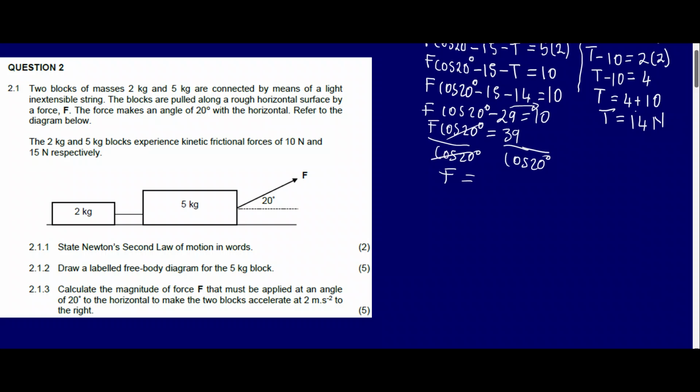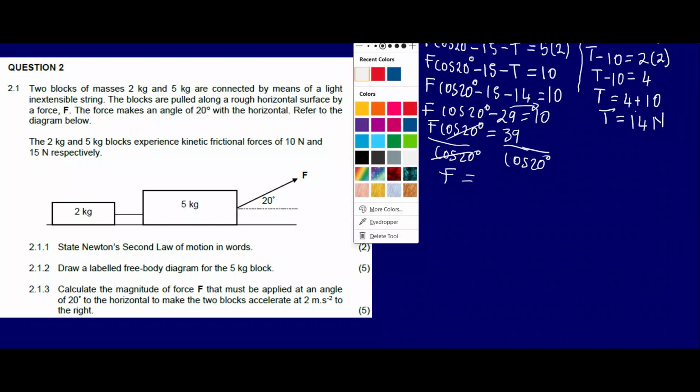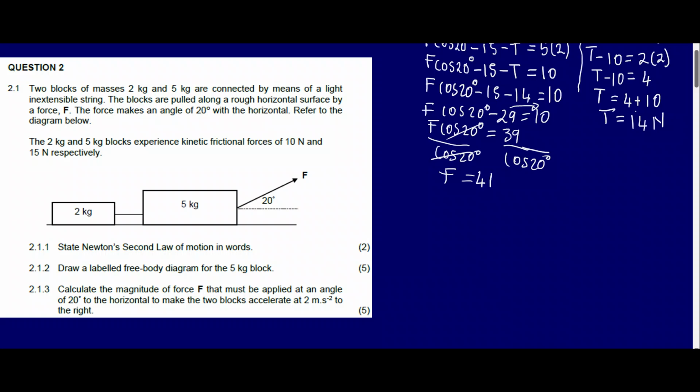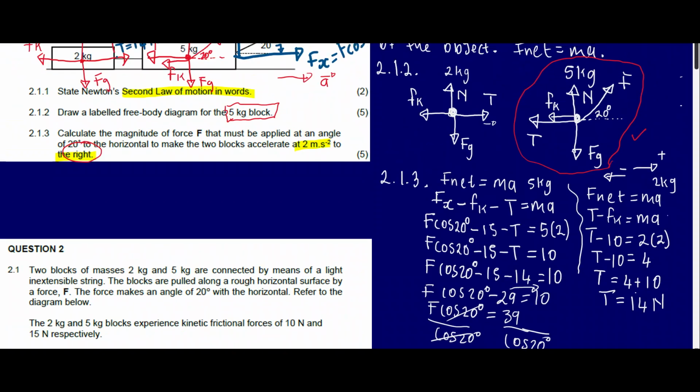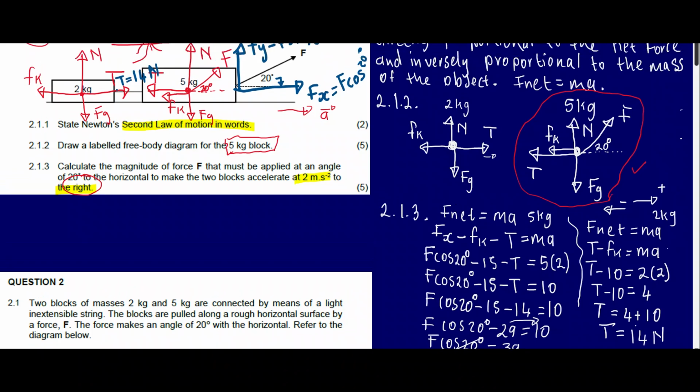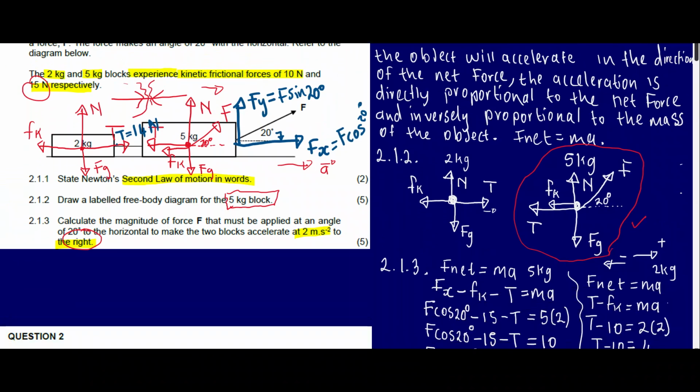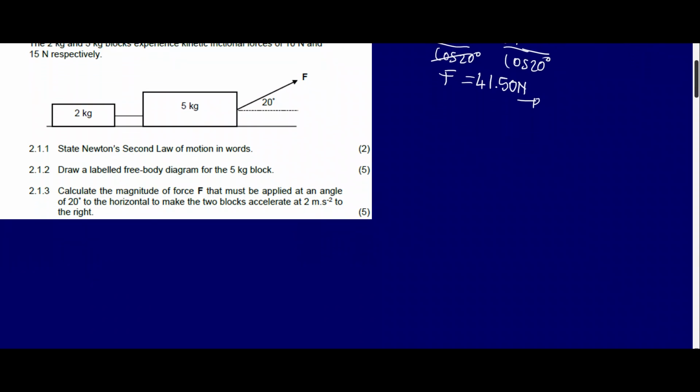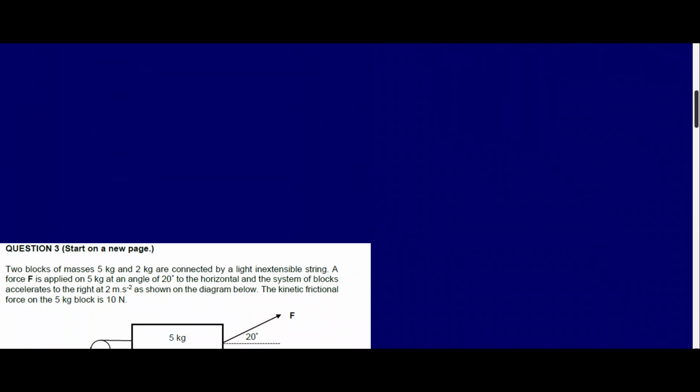So we just say cos 20 there on the calculator, and the value for the force is about 41.50. So this is the force F. And I think we did that perfectly fine there, if we didn't make any mistake.